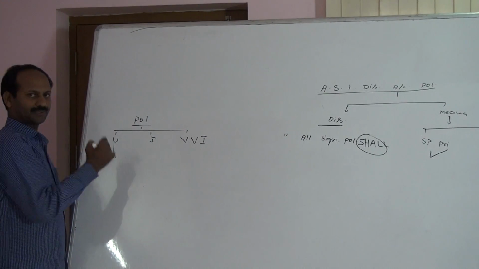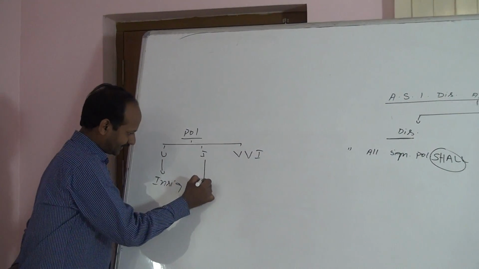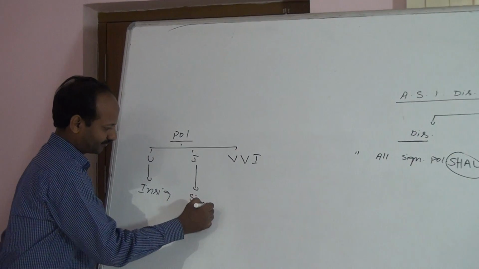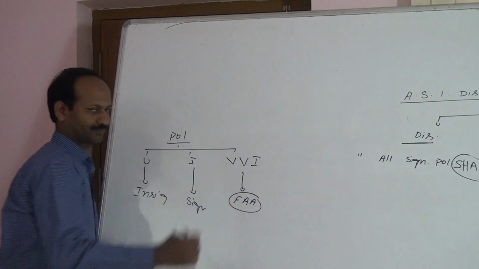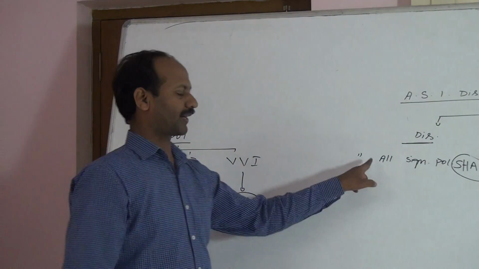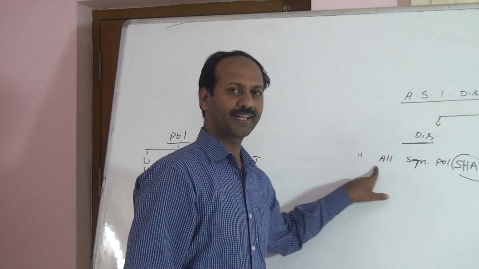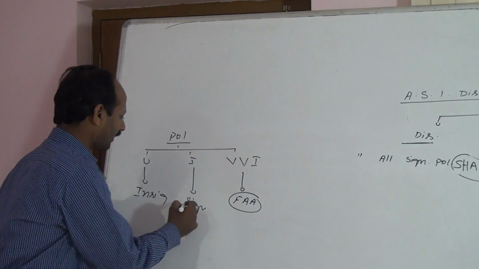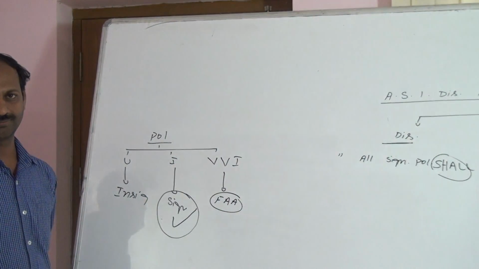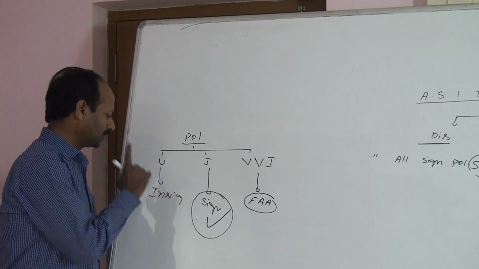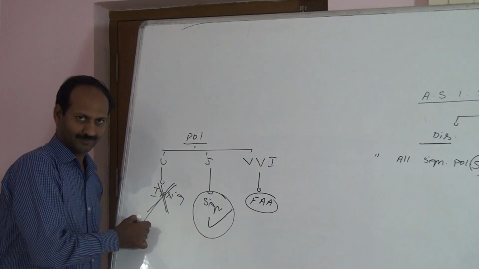Technically, it is called insignificant, significant, fundamental accounting assumptions. According to the first point, we have to disclose all significant accounting policies. Indirectly, you need not disclose insignificant accounting policies.